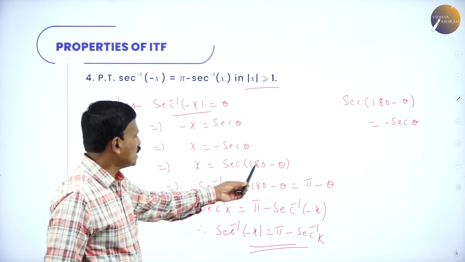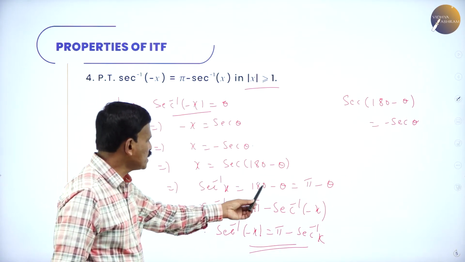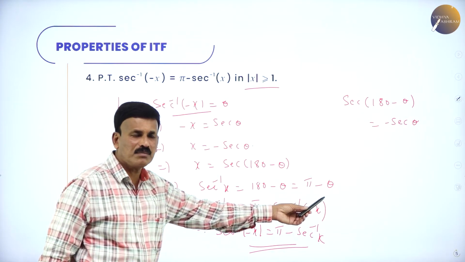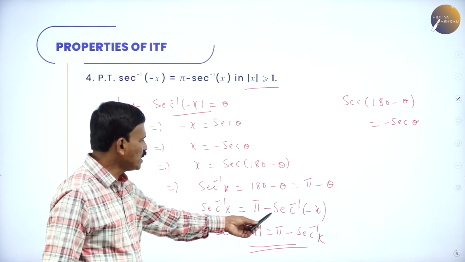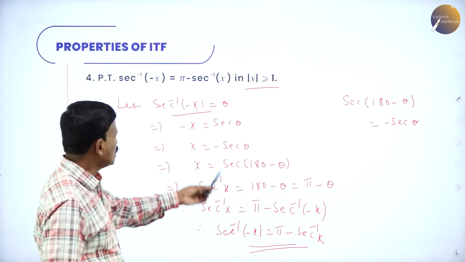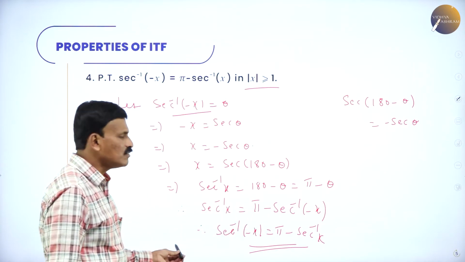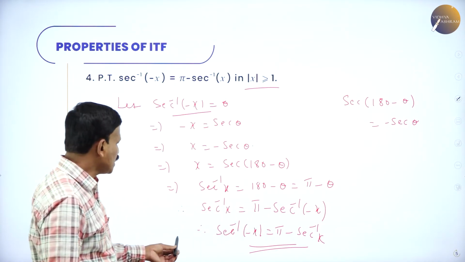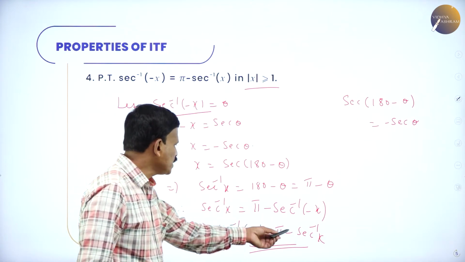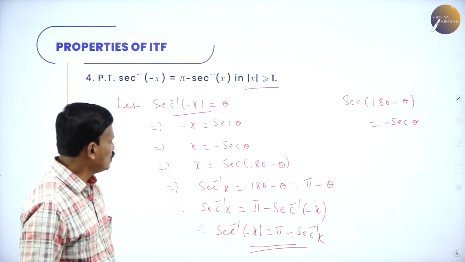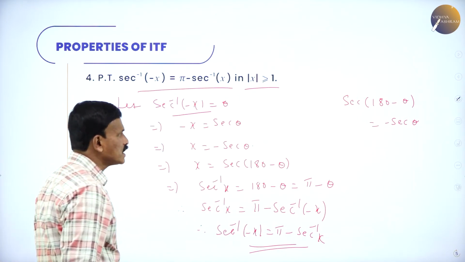X is equal to secant 180 minus theta implies secant inverse of x is equal to 180 minus theta. 180 minus theta is nothing but pi minus theta. Secant inverse of x is equal to pi minus theta, and theta is secant inverse of minus x. Transfer secant inverse minus x to the left hand side. Secant inverse of minus x is equal to pi minus secant inverse x.